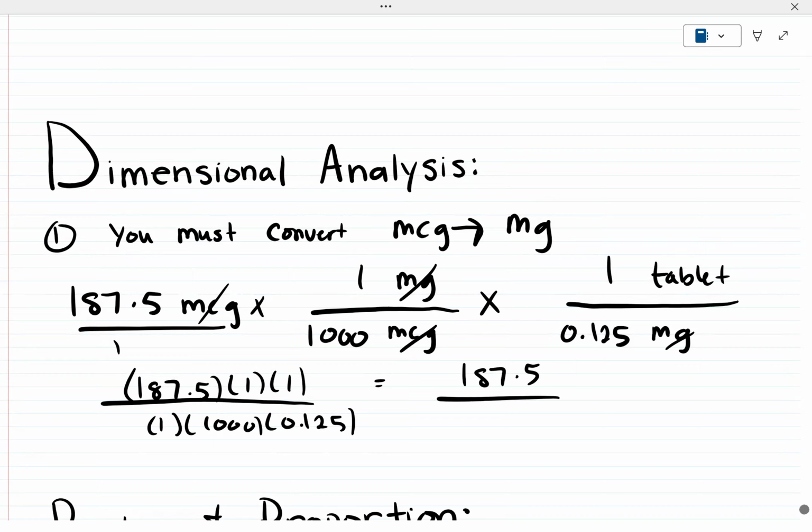And then on the bottom, it's 1 times 1,000 times 0.125. When you do all the algebra, you should get 1.5 tablets, and it said round to the nearest tenth. So this is perfect. You don't have to do any more rounding.